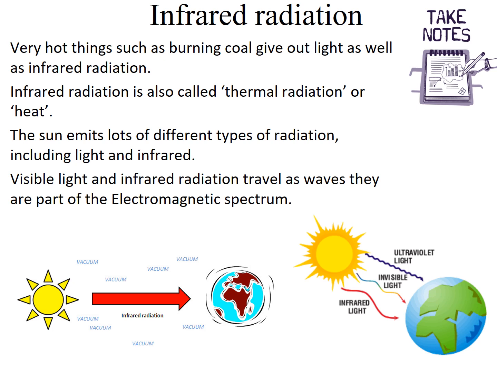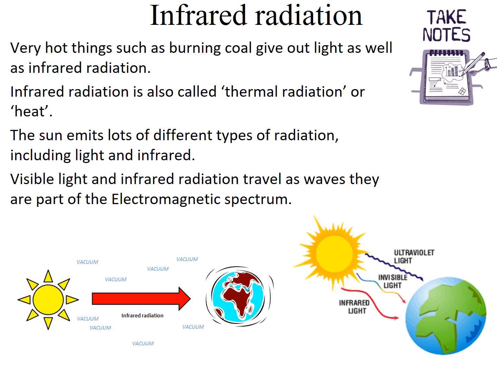But for the purposes of your course, we are going to call it infrared radiation or thermal radiation. We do not want to refer to it as heat energy, because heat energy isn't as scientific as thermal energy or infrared radiation.